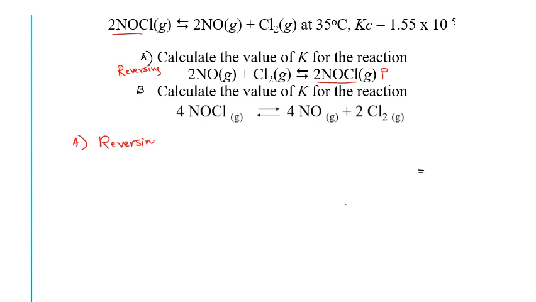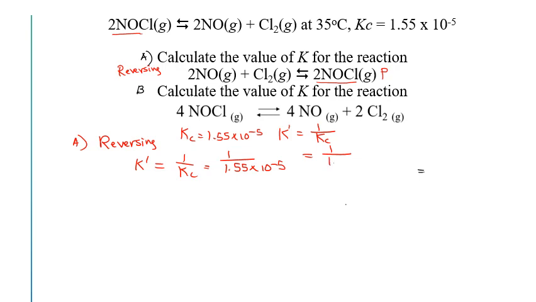When we reverse, the original Kc is 1.55 times 10 to the power negative 5, so the new K value will be the reciprocal, 1 over Kc. That equals 1 divided by 1.55 times 10 to the power negative 5, which is 1 over 1.55, taking the 10 to the power negative 5 from the denominator to the numerator so it changes to plus 5.